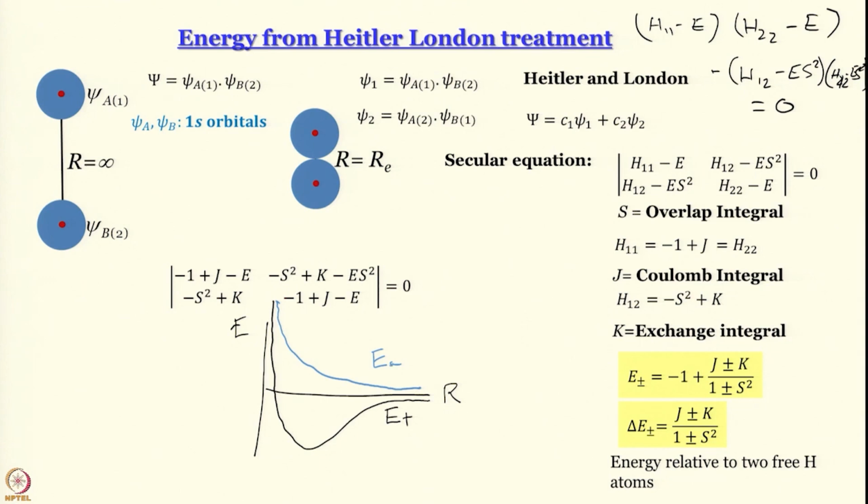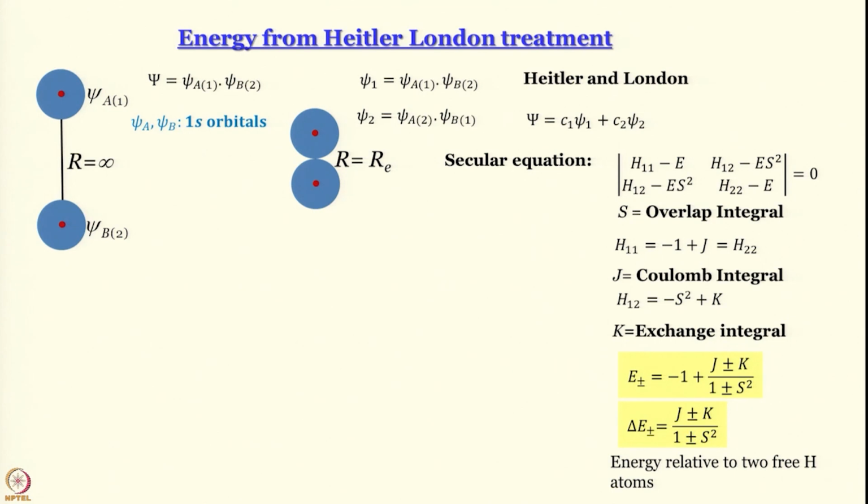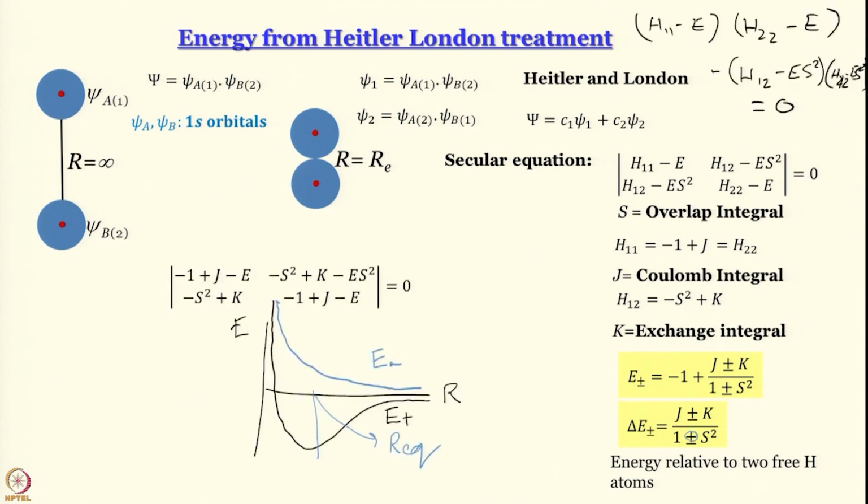That means that when you take plus, then you get a minimum in energy, that is this value of capital R, this is your equilibrium bond length. However, when you take this minus combination, then you just get repulsion, you do not get any stabilization at all. Okay. One more thing, I wrote E, that may not be very accurate. Let me write. Actually, this is delta E, please do not forget.